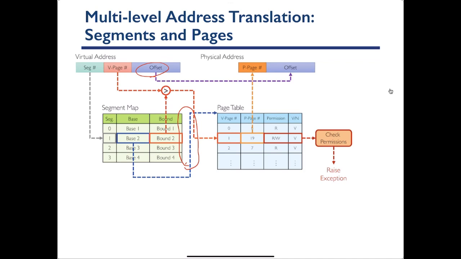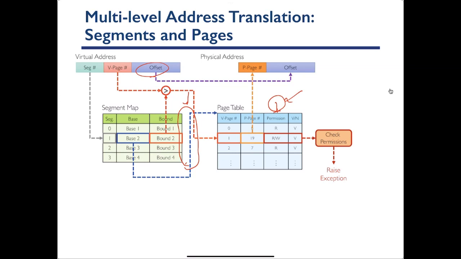So you could say for all the code segments, for example, it's read and execute, no write. You can put the permissions here and here, or just for pages. At least you need it for pages, right? So that's another thing that you can add or remove in your design.